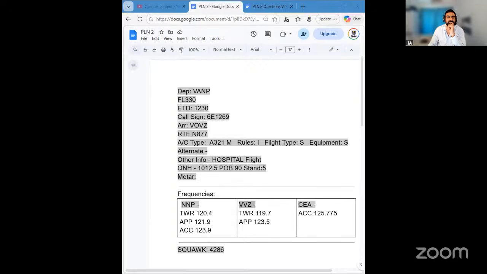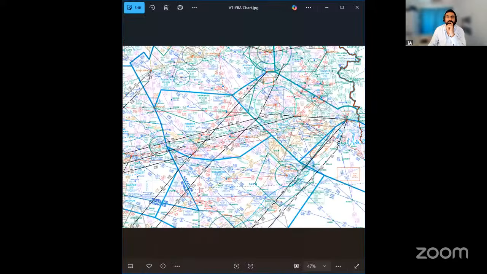So this is the chart. Just a second. All right?